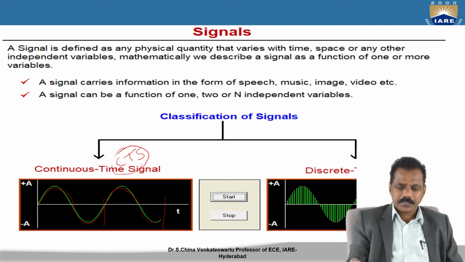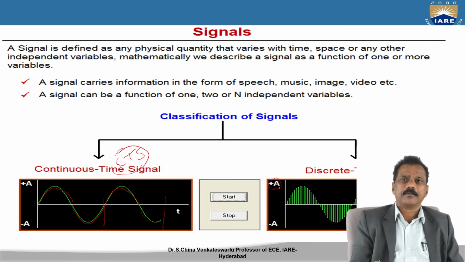Coming to the discrete time signal, it is the same, but here the x-axis is n, and the y-axis is the same, with positive amplitude and negative amplitude values. Here the samples look like this.